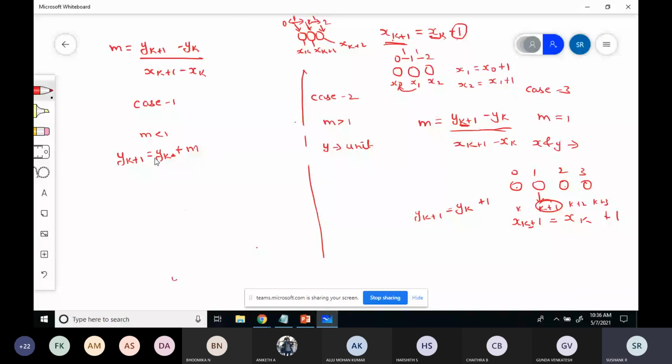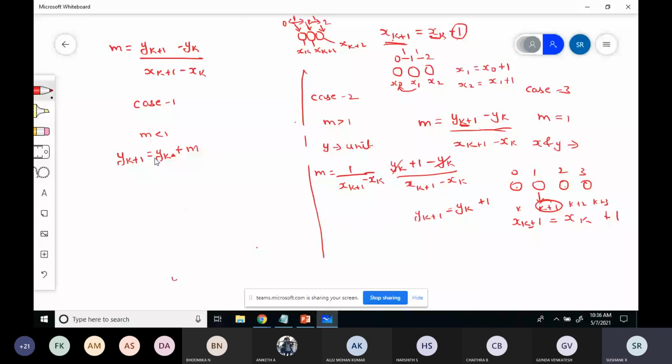So this will become y of k plus 1 minus yk divided by x of k plus 1 minus xk. So this and this will get cancelled. So m will become 1 by x of k plus 1 minus xk. Now, is this point clear?